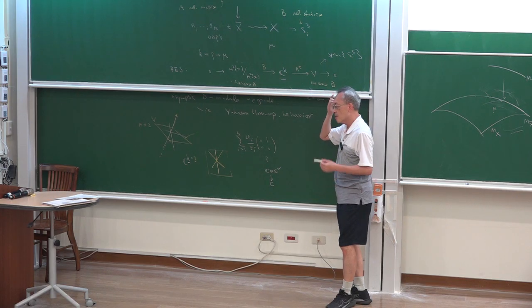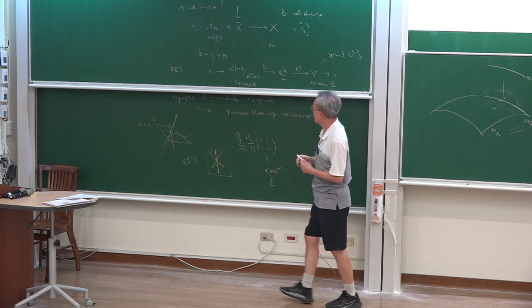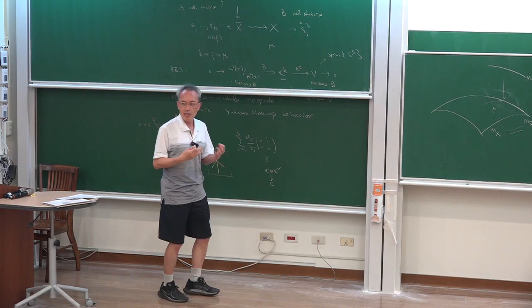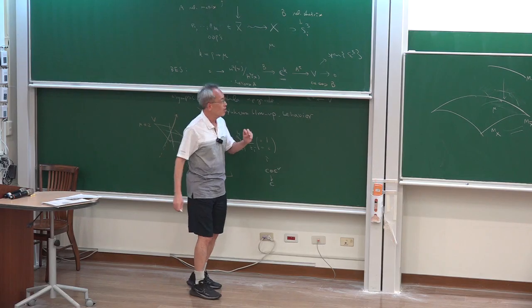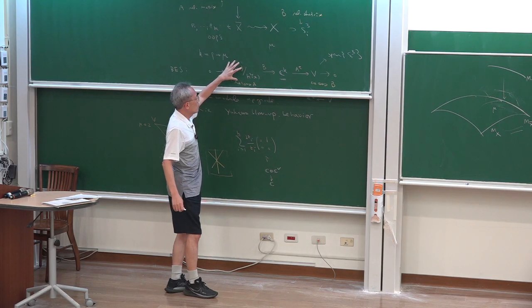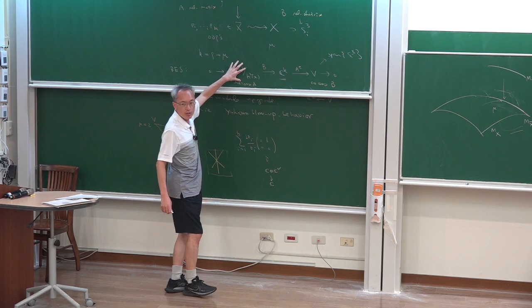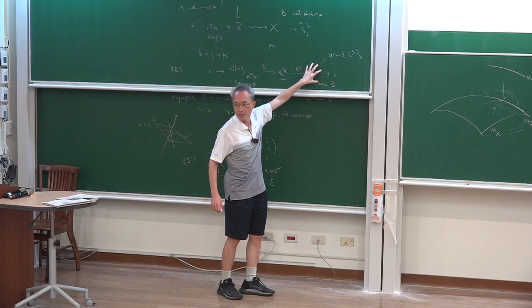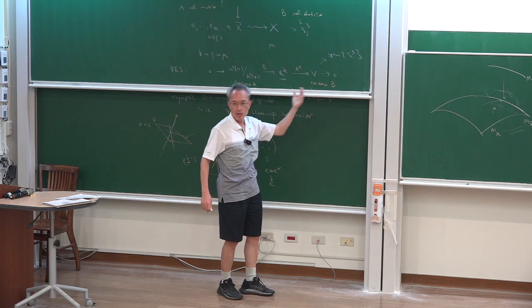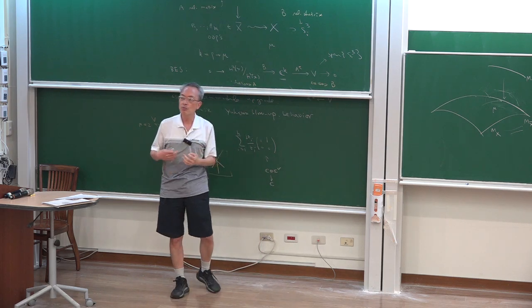So the goal, why I show you this picture, is that if I know the asymptotic information here, I already know the asymptotic information of here directly, and vice versa. But we want to do something more.